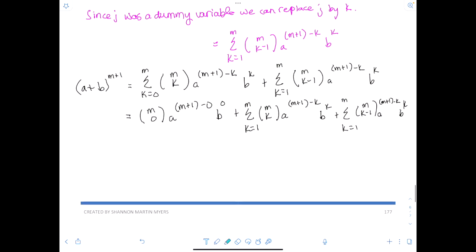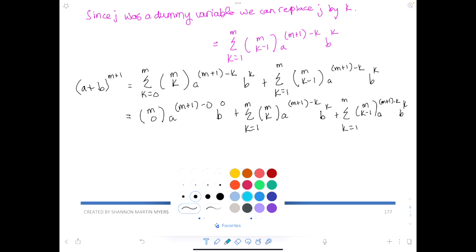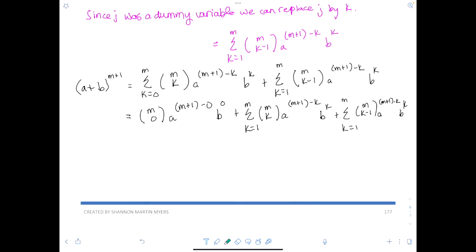So all I did here is I put together this single summation as the summation when k starts at 1 and goes to m plus the 0th term of the sequence.